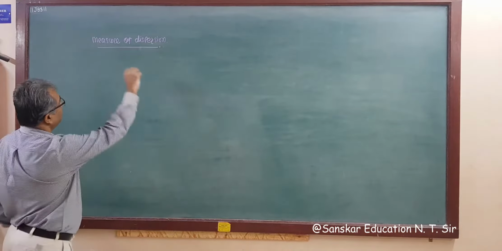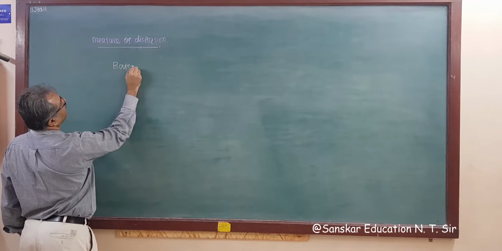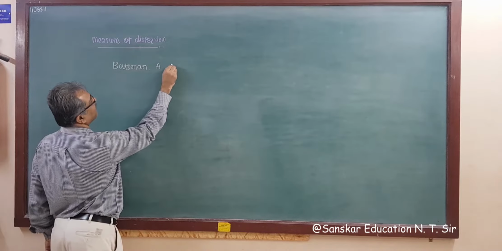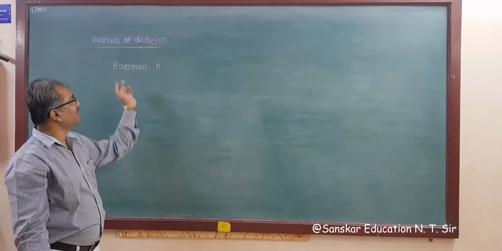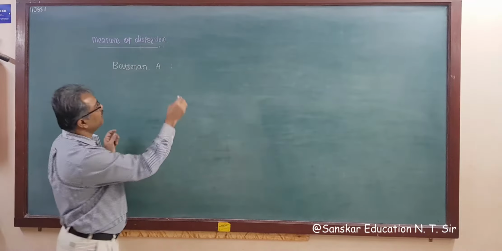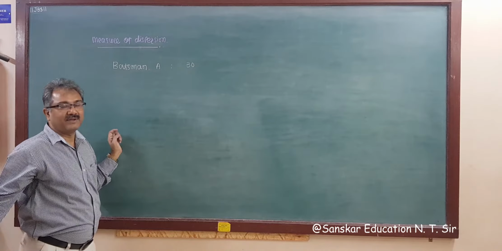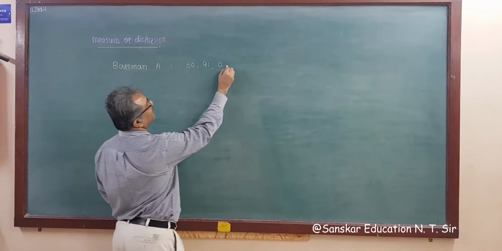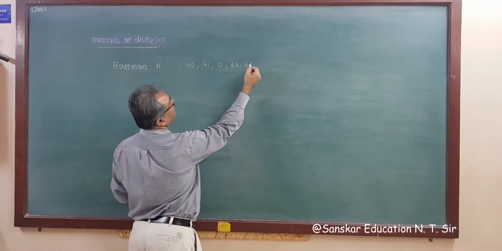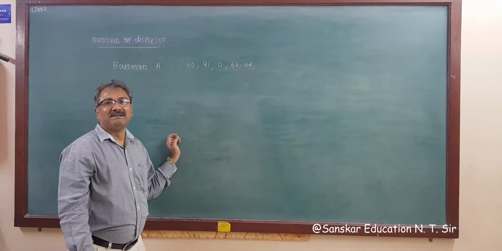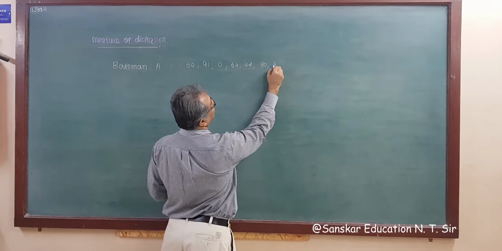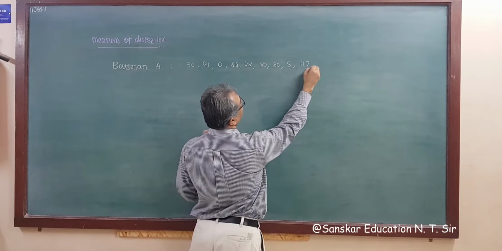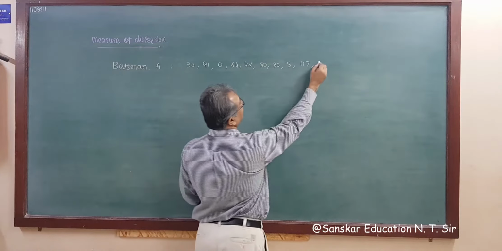Suppose you are very interested in playing cricket. For batsman A, I am not writing any cricketer's name, suppose he scores runs like 30, 91, 0, 64, 42, 80, 30, 80, 30, 5, then he makes a century, suppose 117, and then 71.